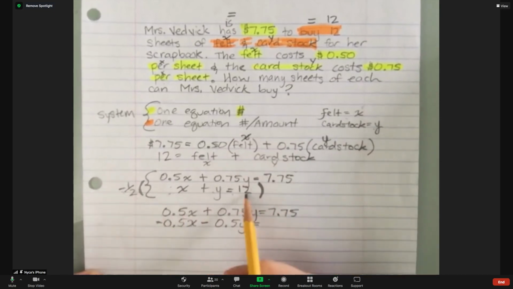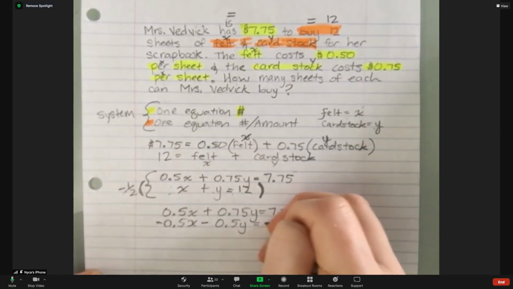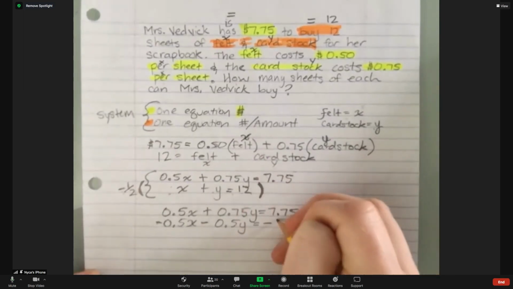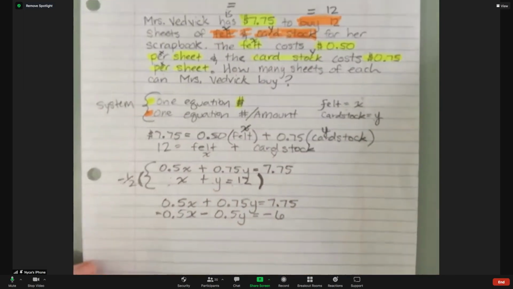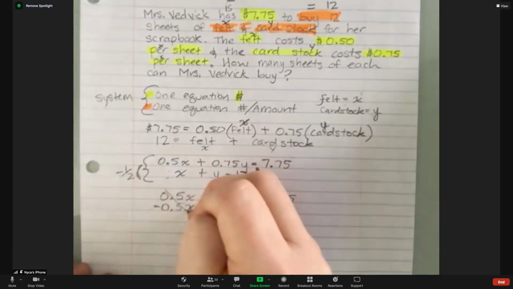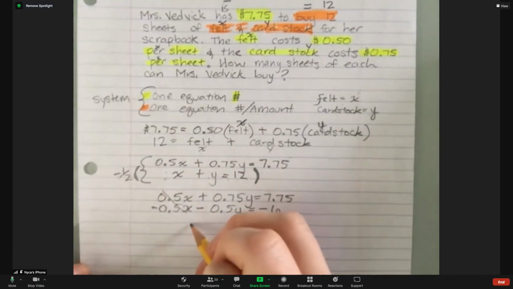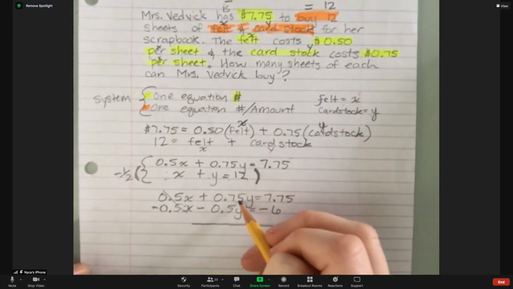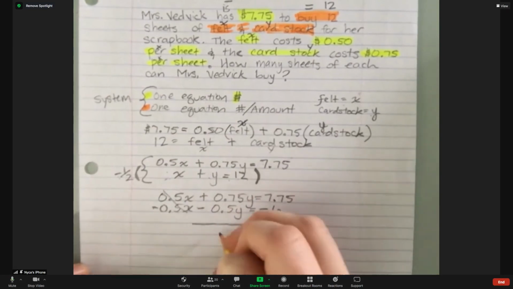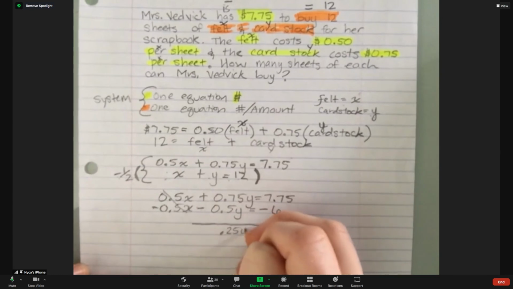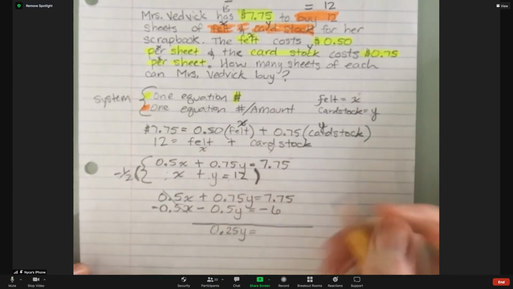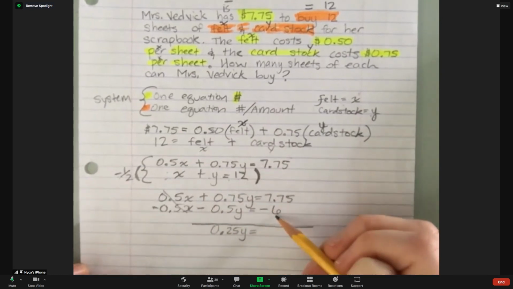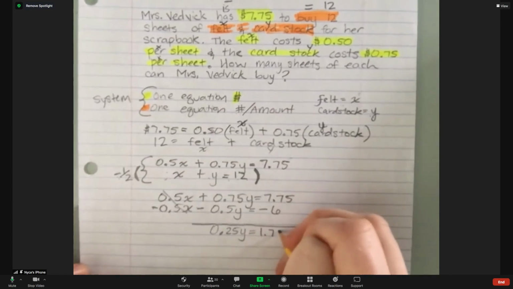Negative 1/2 times 12 makes it negative 6. Now we're back to elimination. These guys are gone. I draw my line. 0.75 minus 0.5 gets me 0.25y. You had 7.75, you lost 6, that's $1.75.